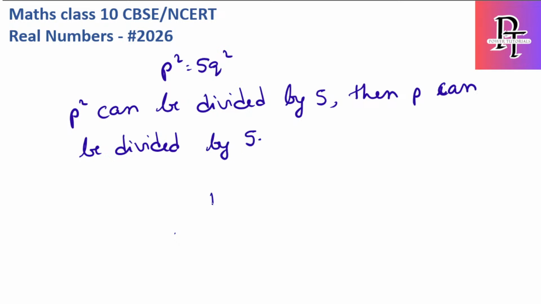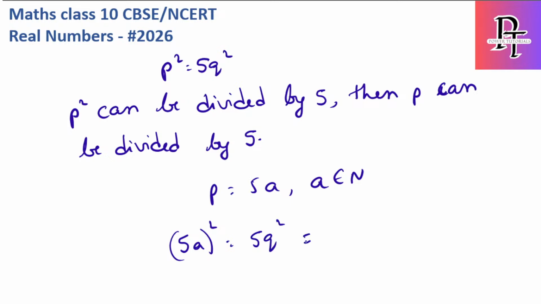So I can replace p as 5a, where a belongs to natural numbers. So now 5a whole square is equal to 5q square. I can say it is 25a square is equal to 5q square, or I can finally write 5a square is equal to q square.